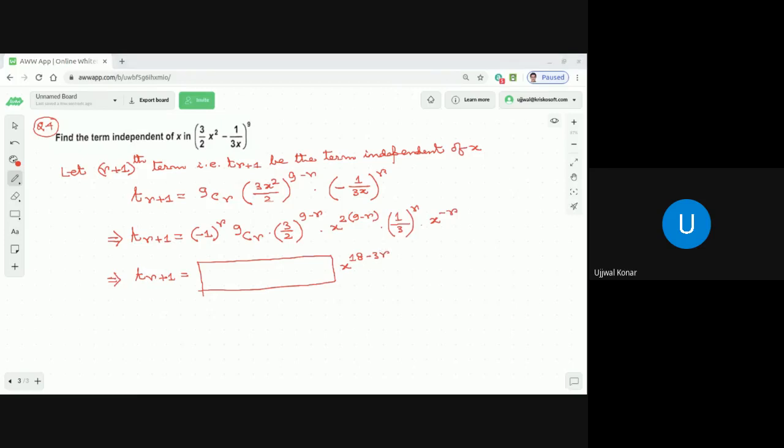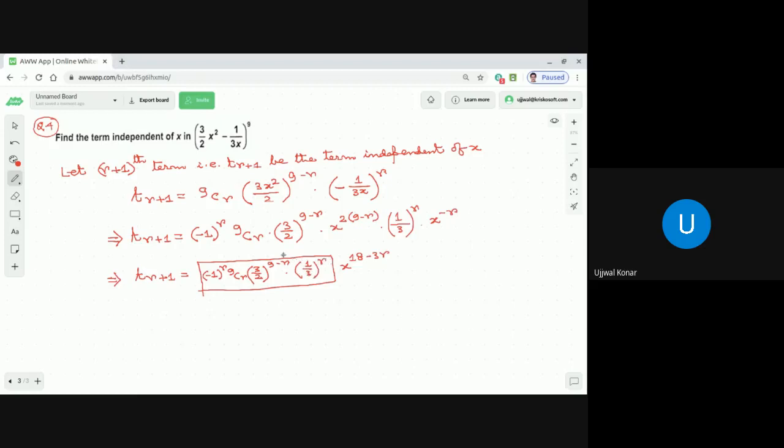We need to find the term independent of x. So just for the sake of writing, (−1)^r 9Cr into (3/2)^(9−r) into 1/3^r. But we are not bothered about this.